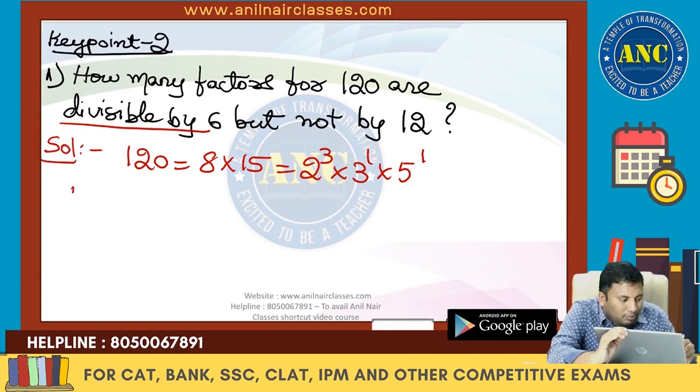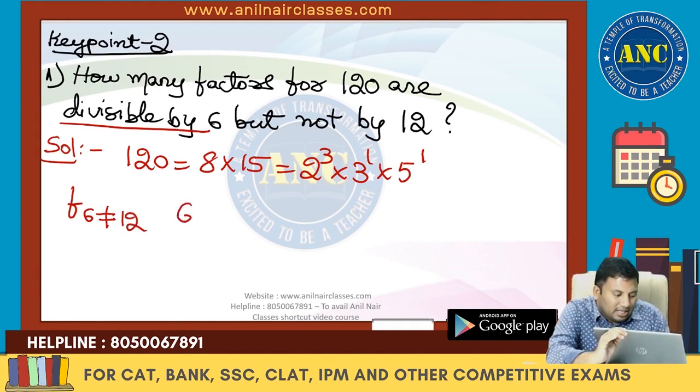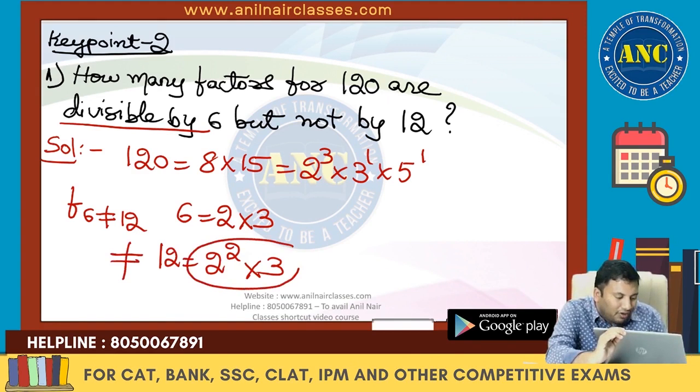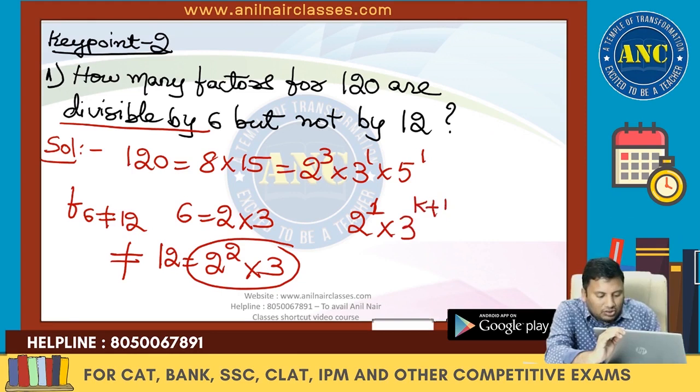Number should be divisible by 6 but not by 12. 6 is nothing but 2 into 3. 12 is nothing but 2 square into 3. The number should not be of the form 2 square into 3. So 2 power 1 should be there. This can be 3 power k plus 1 into, there is no restriction on 5, 5 power 0, 5 power 1.